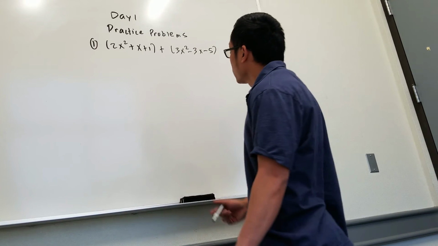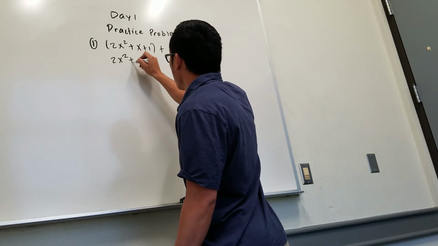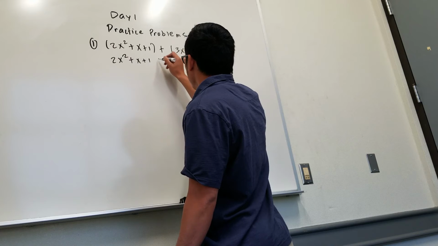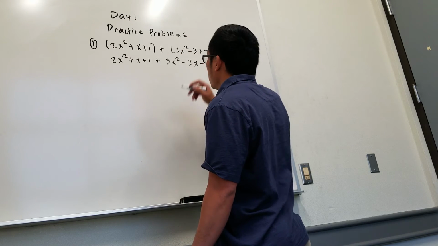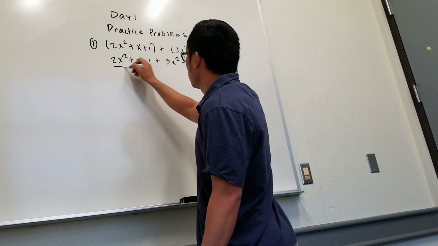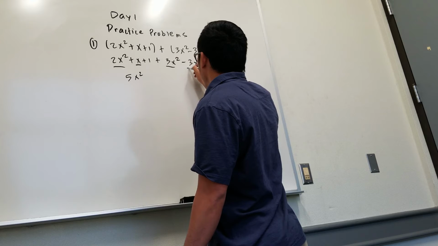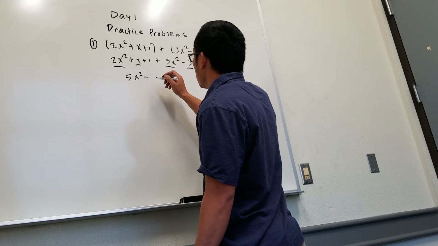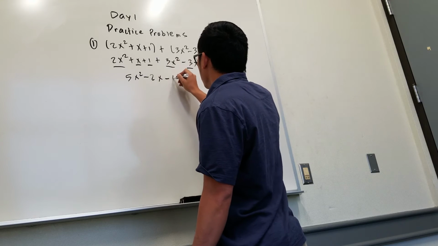So the first one, we just drop the parentheses. It says this is plus, so this is 2x squared plus x plus 1. Then there will be plus 3x squared minus 3x minus 5. There you go. Now combine like terms, 2x squared plus 3x squared would be 5x squared. Then x minus 3x would be minus 2x. 1 and negative 5 is negative 4, and that's it.